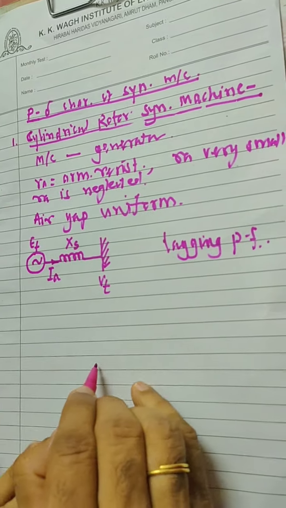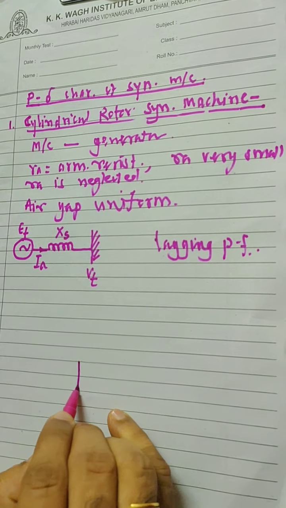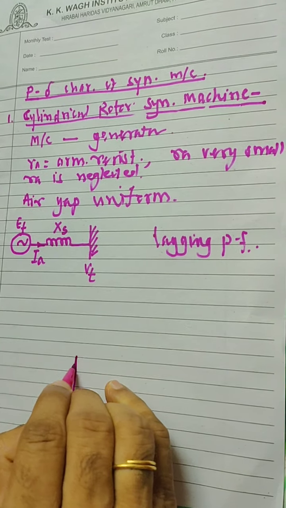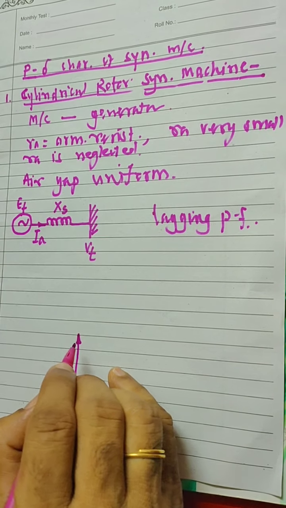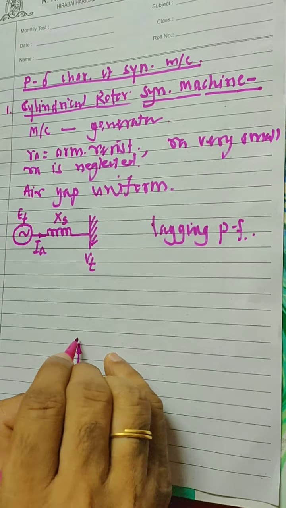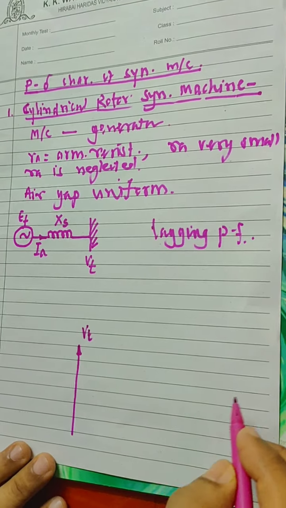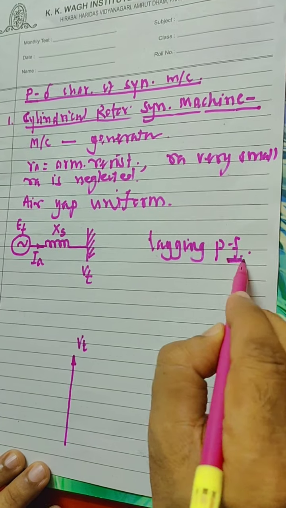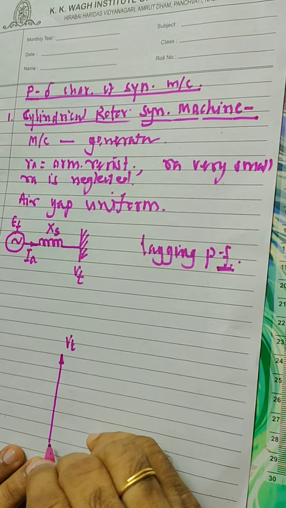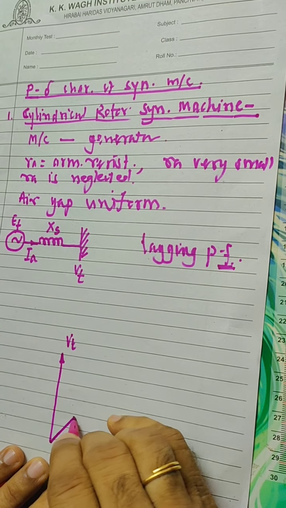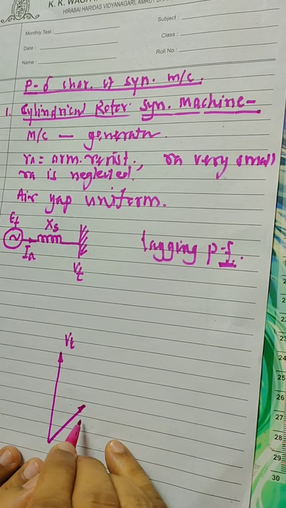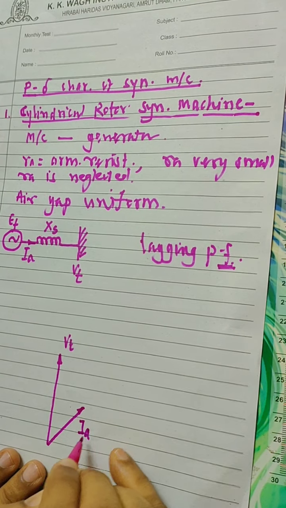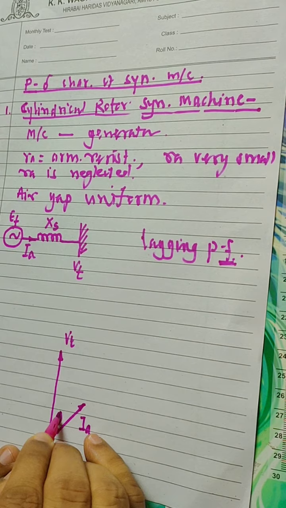This is Vt, the terminal voltage per phase. As the power factor considered is lagging, current Ia lags Vt by the power factor angle theta.